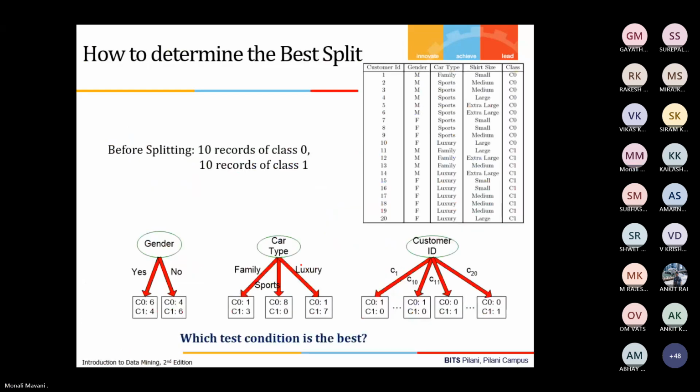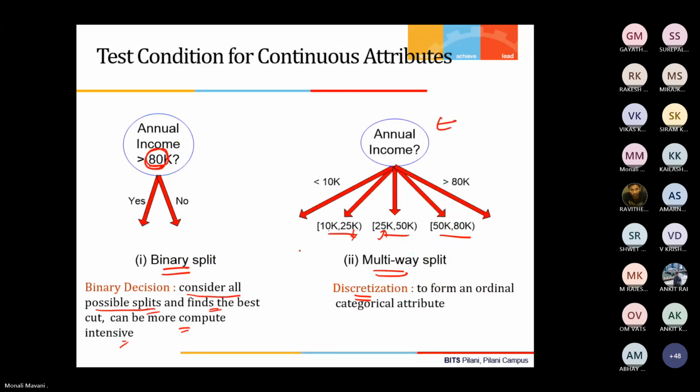Ma'am, should this node always be sorted from left to right? Yes, because after discretization you are converting into an ordinal attribute, so you have to have the order.